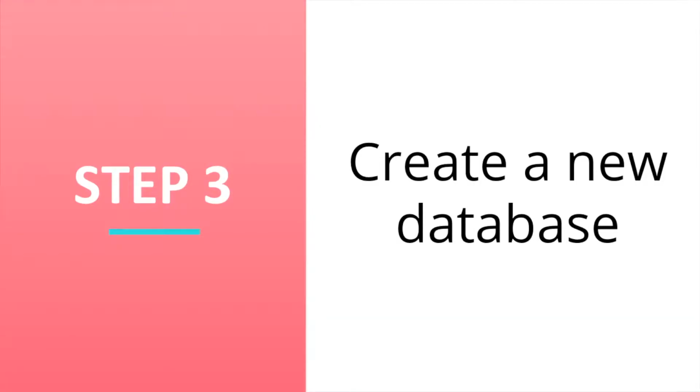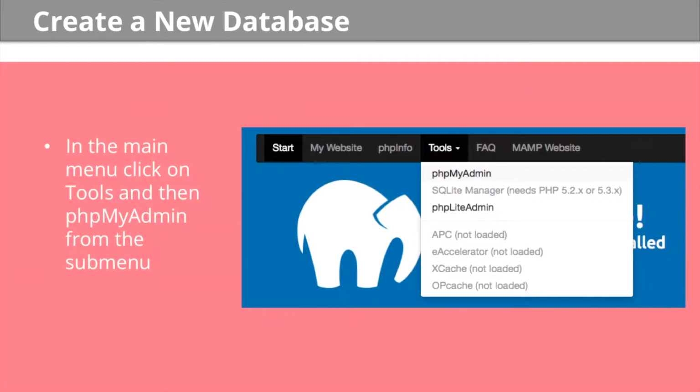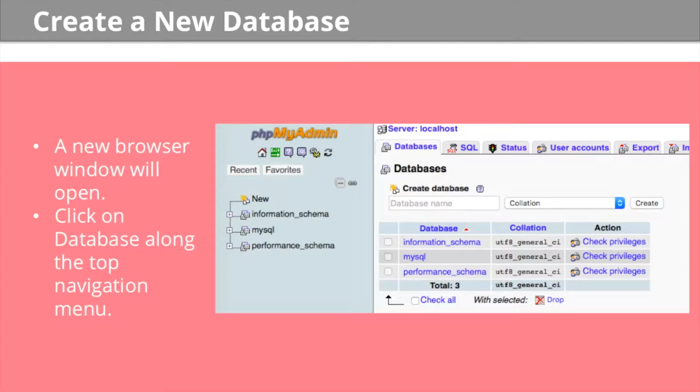So the next step, you're going to create a new database. In the MAMP menu, click on Tools, and then you're going to go to phpMyAdmin. A new browser window will open. You're going to click on Databases along the top navigation menu.